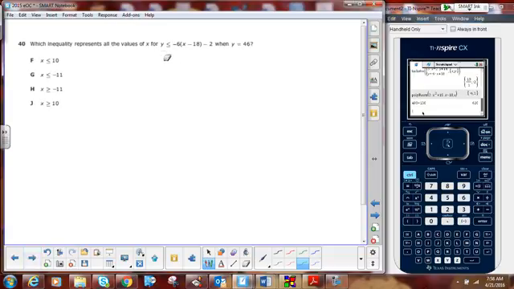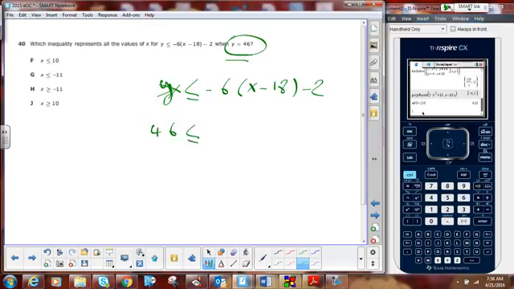Now, we have an inequality, and they ask for the value of x when y equals 46. So y is less than or equal to negative 6 times x minus 18 minus 2. They give you the value of y, so instead of y, you're going to put 46. Then you're going to solve for x.